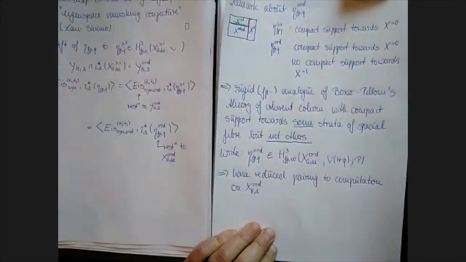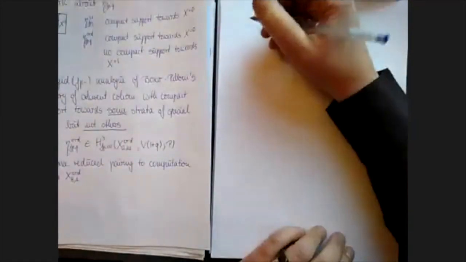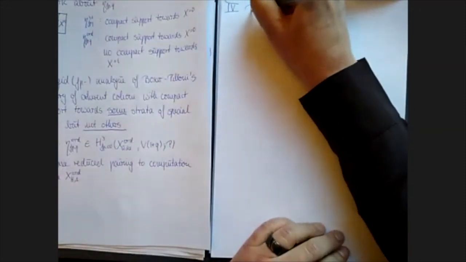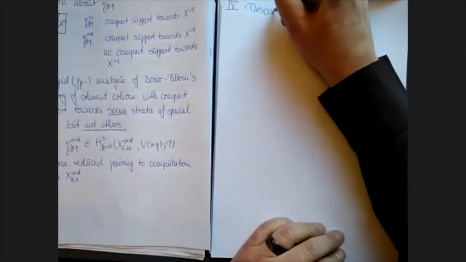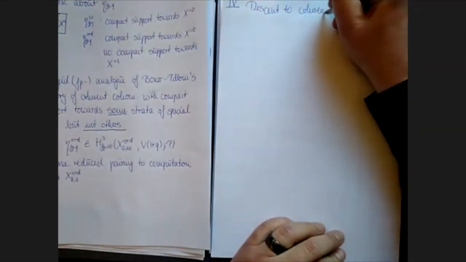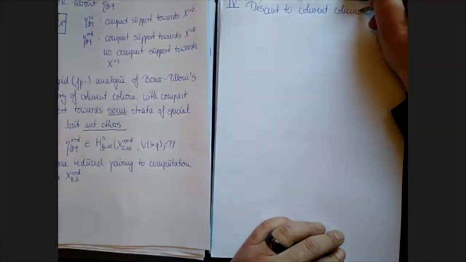So the next problem now is to relate it to coherent cohomology. So this is the next section: the descent to coherent cohomology.